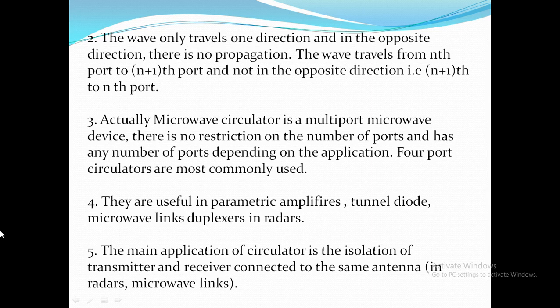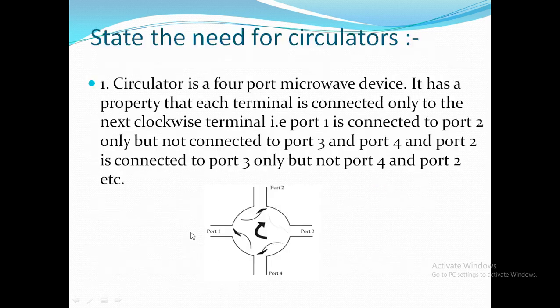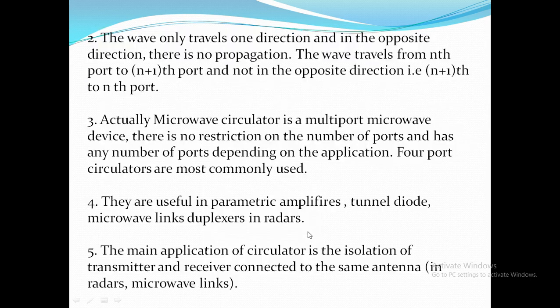A microwave circulator is a multi-port microwave device. There is no restriction on the number of ports, and it depends on the application. But here we are using a 4-port circulator, which is the commonly used circulator.